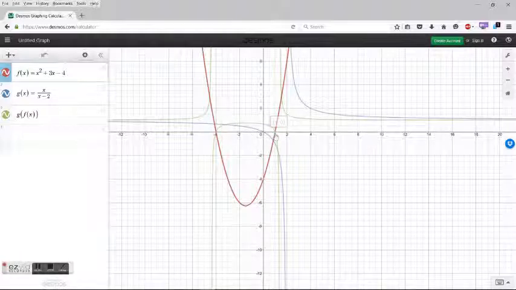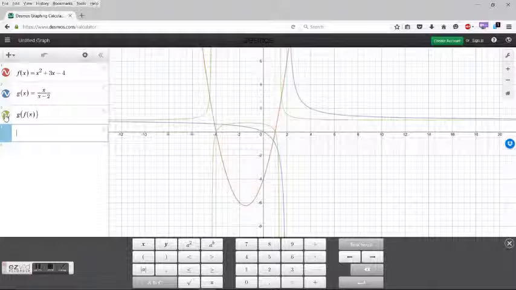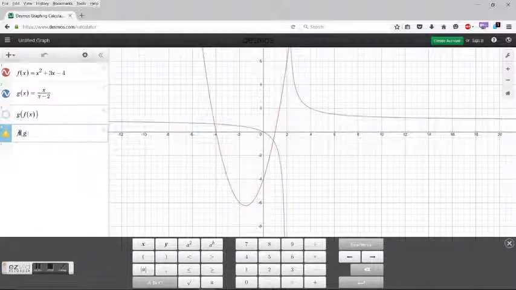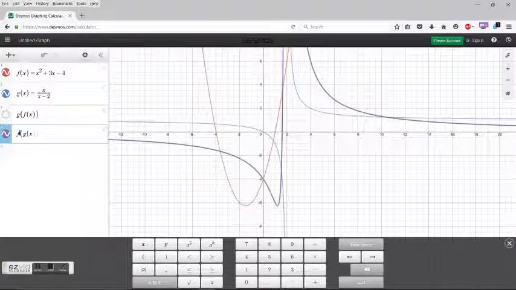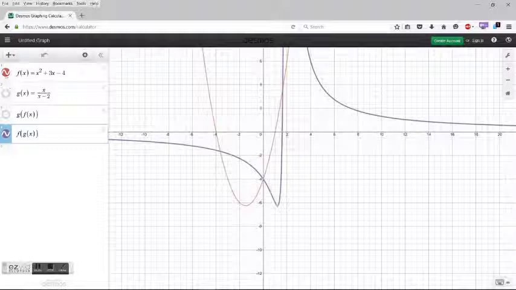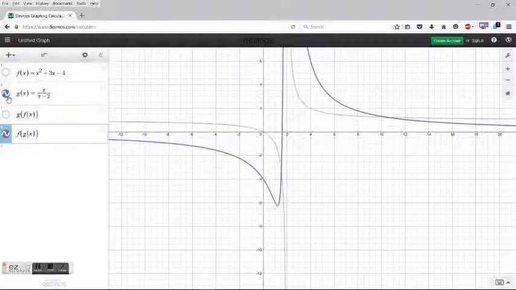And the zeros happen to be the same place as f of x. We can discuss why that happens later. Let's go ahead and take a look at f of g of x. Now that one is a really funky shape. It goes down, comes immediately back up.